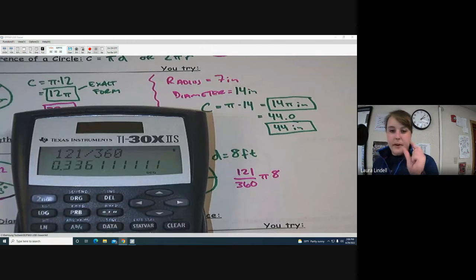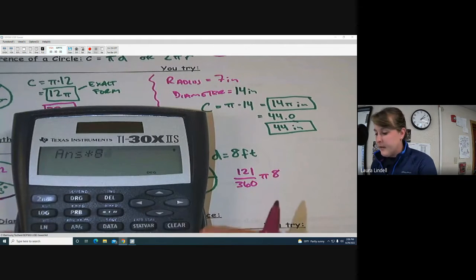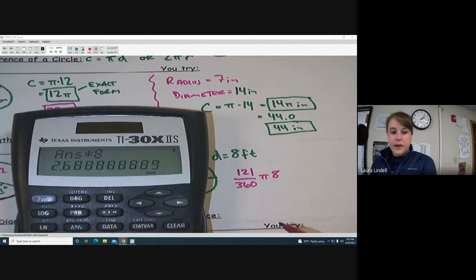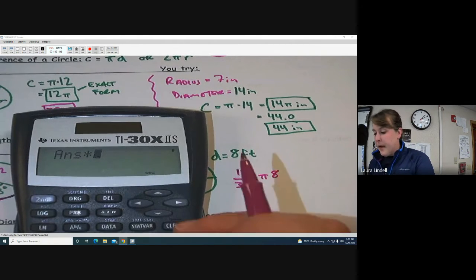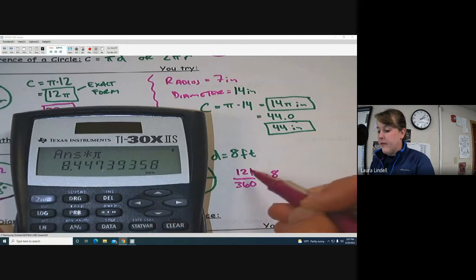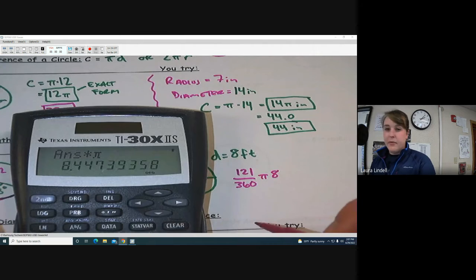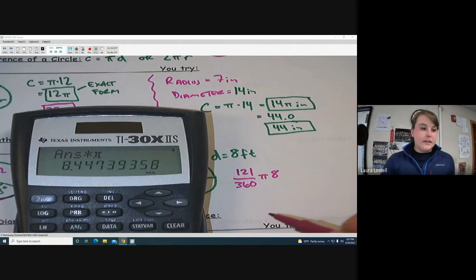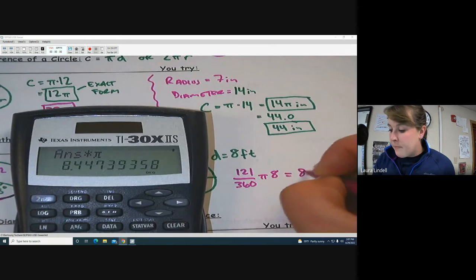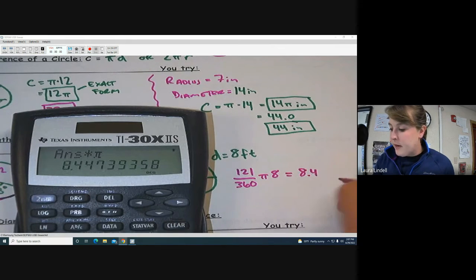And I'm going to do things a little bit out of order this time. I'm just going to go times 8. You can multiply things in any order you want to. And then times pi. I did that just to check and see if 121 times 8 divided by 360 makes a whole number, but it doesn't. So then when I go times pi, that gives me 8.4 for my rounded decimal answer. So 8.4 feet.